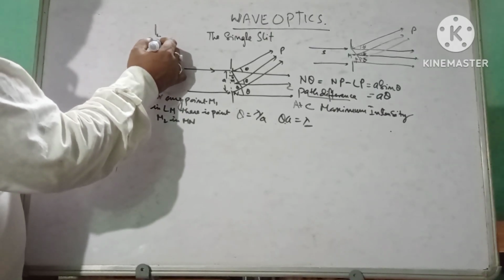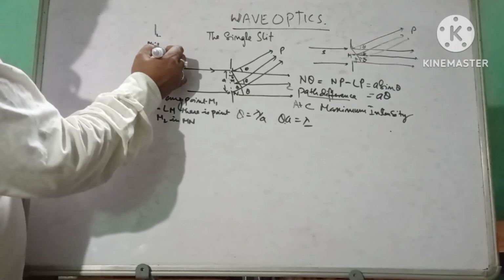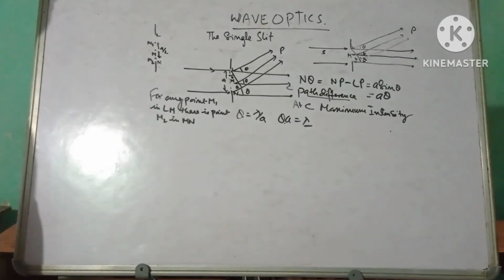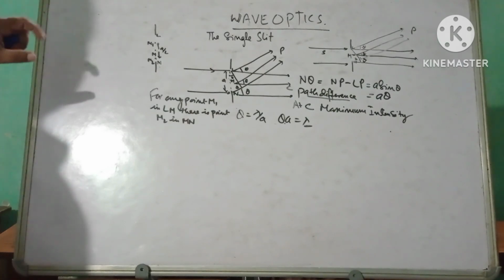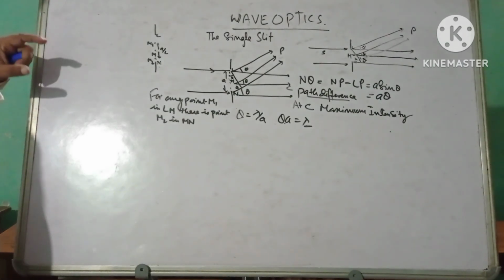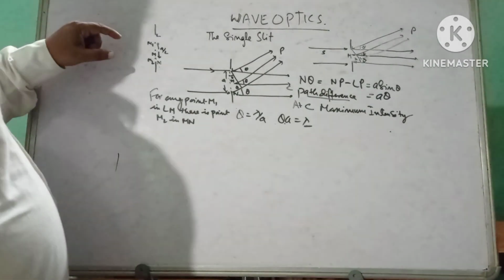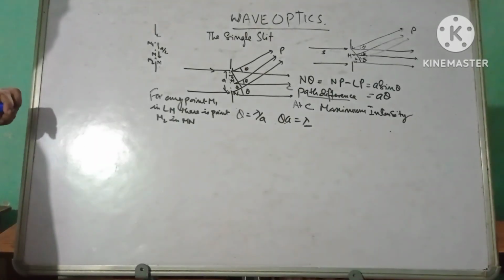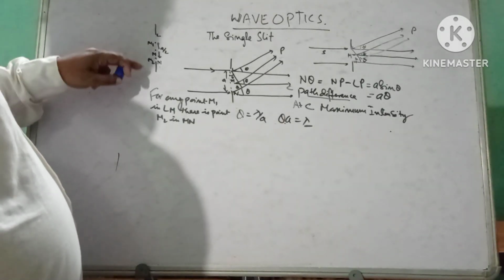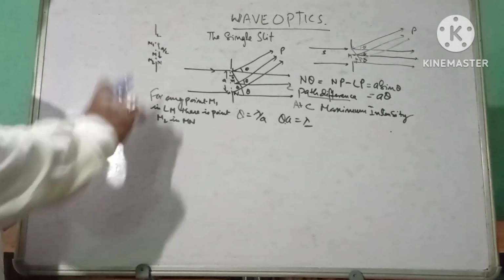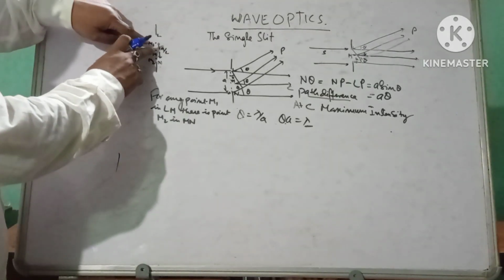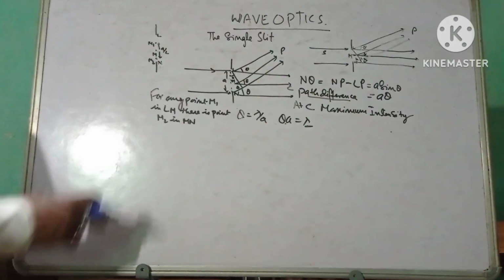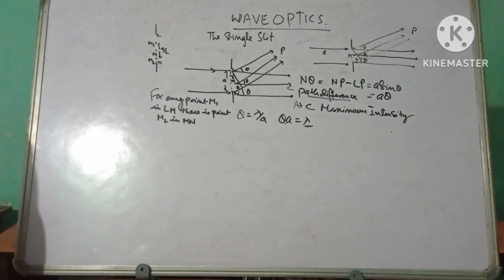So now your slit width has become a by 2. That means the slit is divided into two equal parts, and each slit width is a by 2.